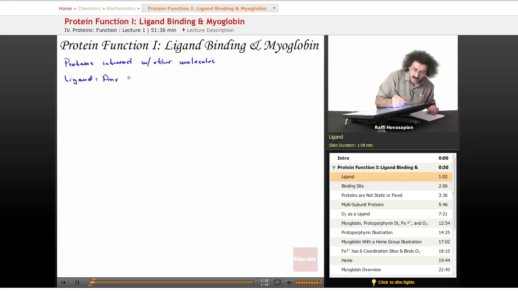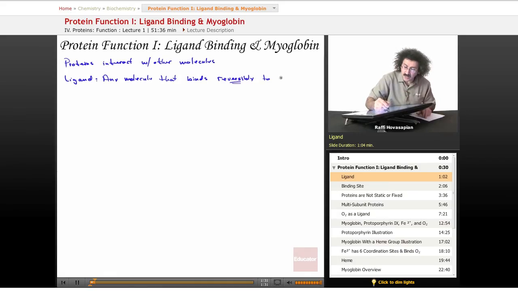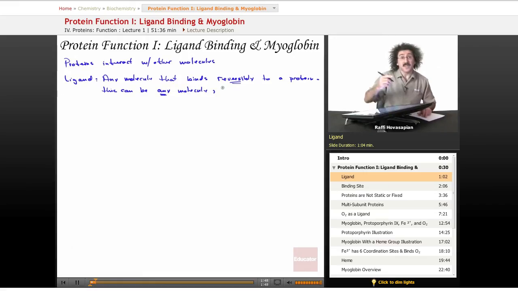A ligand is any molecule that binds, and here's the key word, reversibly, to a protein. Now, this can be any molecule, even another protein.